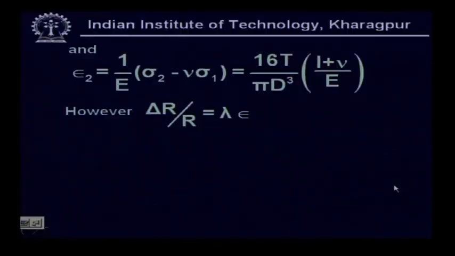And epsilon 2 equal to 1 by E, sigma 2 minus nu sigma 1, equal to 16 T by pi d cube, 1 plus nu divided by E.